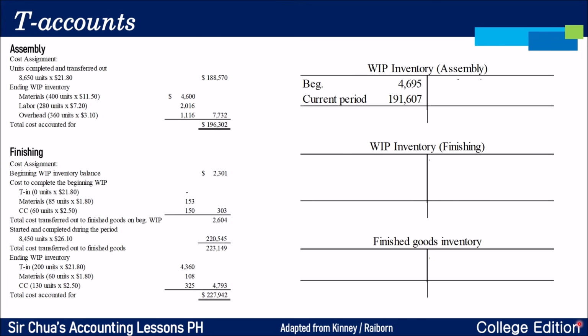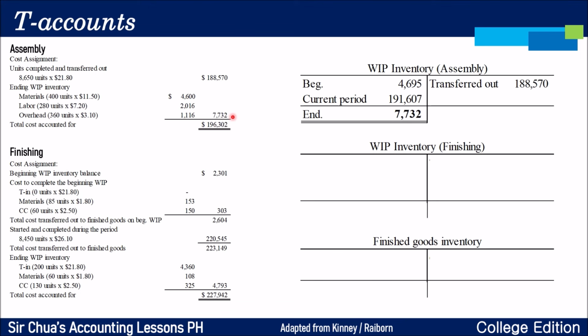Pero nung may natapos na po tayo, ang natapos daw pong products na ita-transfer natin sa next department is 188,570. Okay? So, dahil nilipat na po to sa next period, ang ending balance po natin is 7,732. Nagtutugma po ba na ang ending work in process inventory po natin in the assembly department is 7,732? Yes po. Ito po, 7,732.